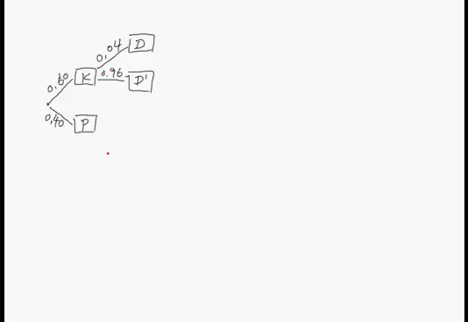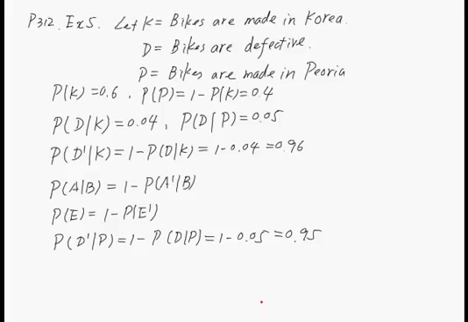Now, if the bags are made in P, we also have defective bags and defect-free bags. Let's go back to the last page. P of D given P, the conditional probability that the bags are defective given that the bags are made in P, is equal to 0.05.